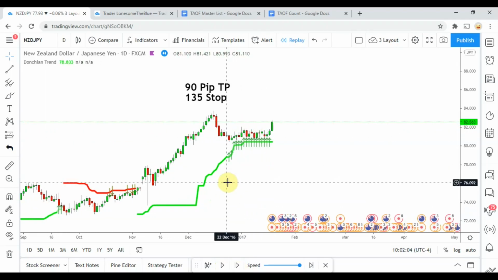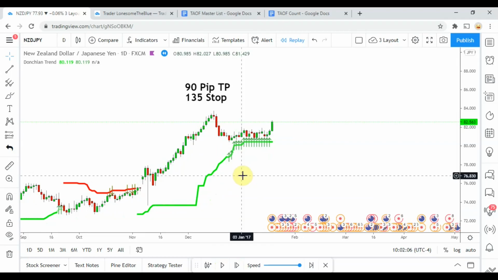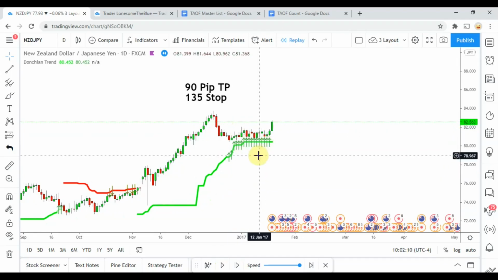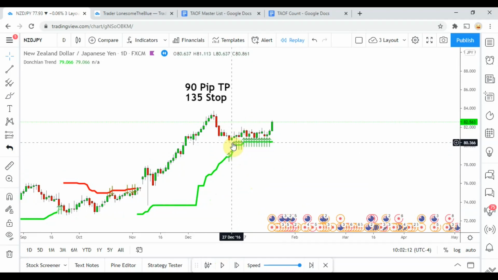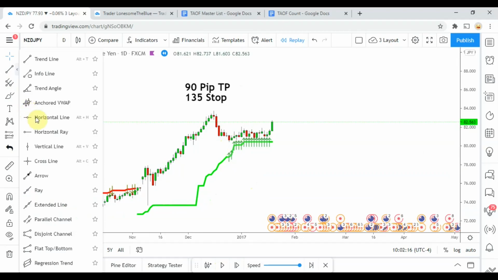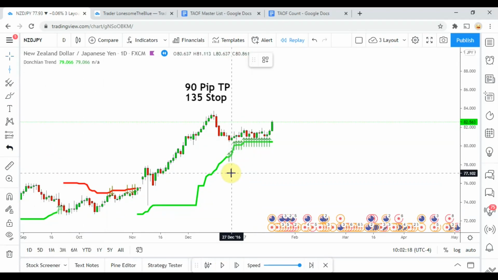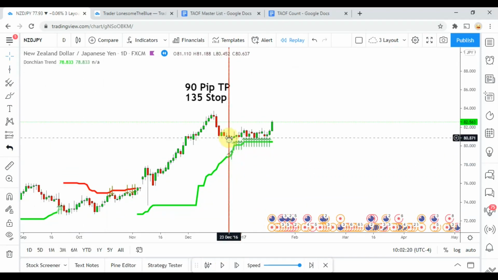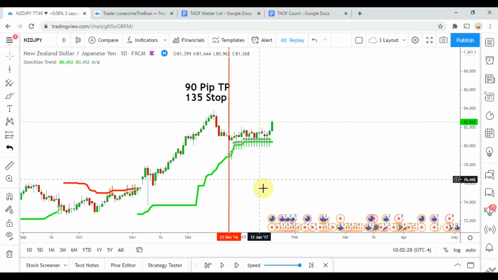All right, so we are into the year right here, and we are already starting to get some arrows. Now, we technically would have gotten these arrows back here on, let's see, that candle right there would have actually been the signal candle, and then we would have entered on the next candle after that.